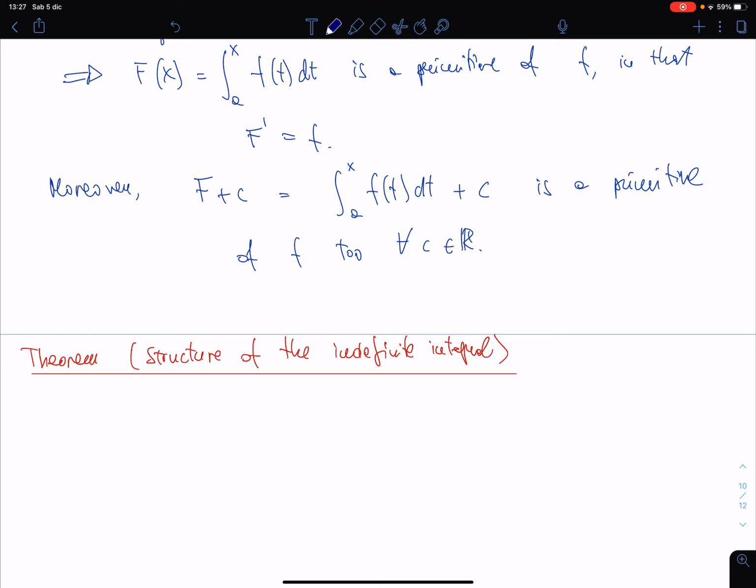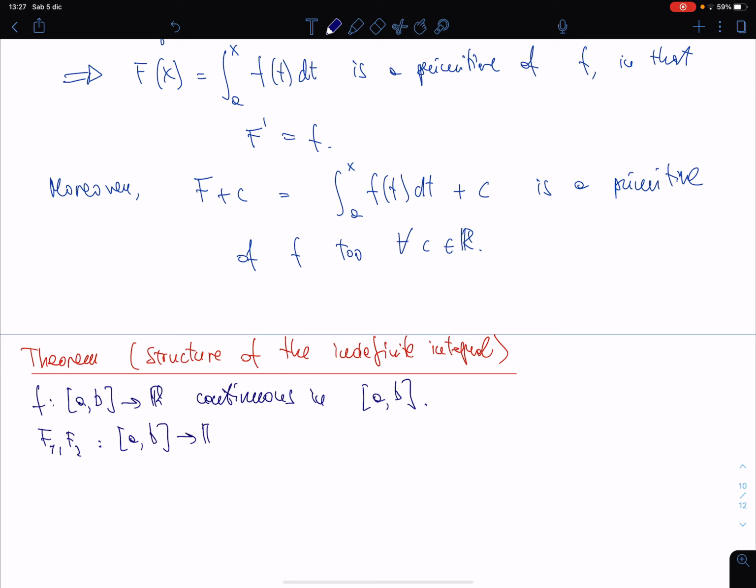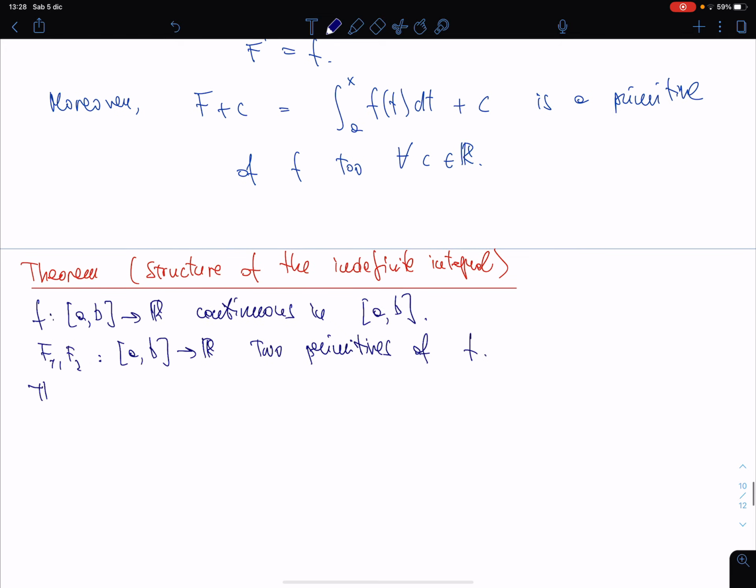You have a function small f from A, B to R, continuous in A, B, and F1, F2 from A, B to R are two primitives of f, then it means that there exists a real number C such that F1 of x is equal to F2 of x plus this number C for every x in A, B.